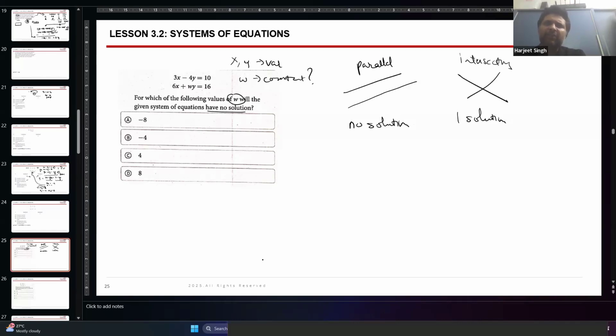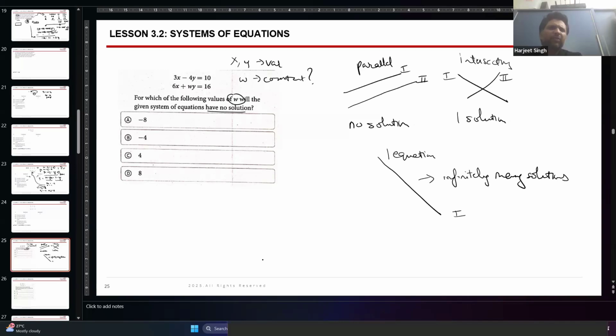And when you are given just one equation, there will be infinitely many solutions. In the first two cases there are two equations. These are important points. You can make note of cases A, B, and C.